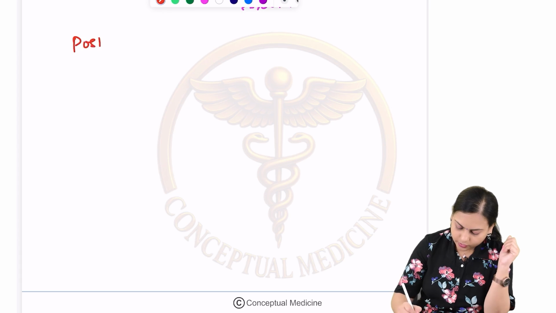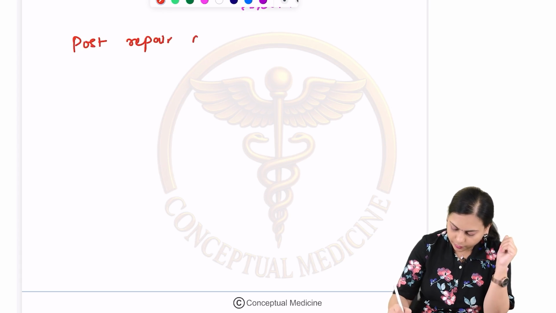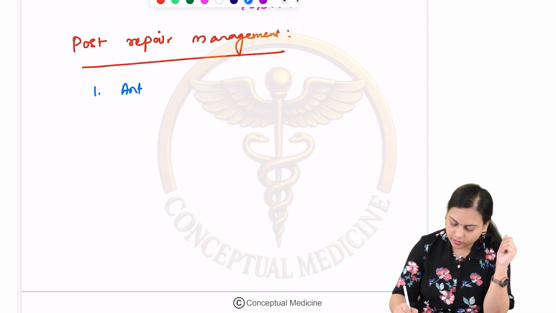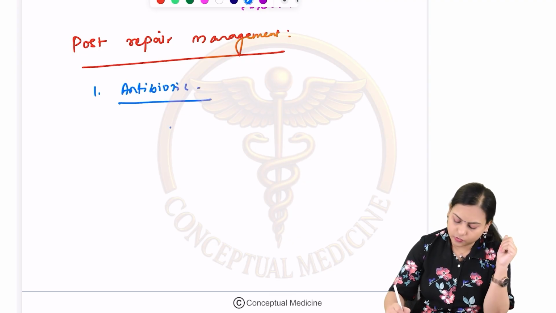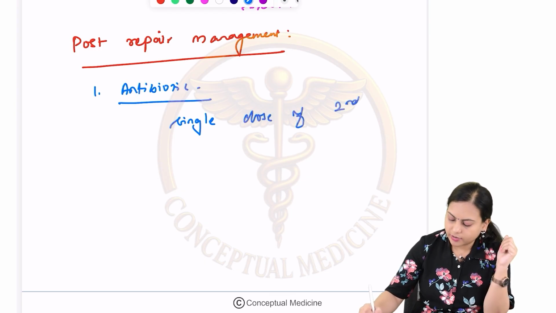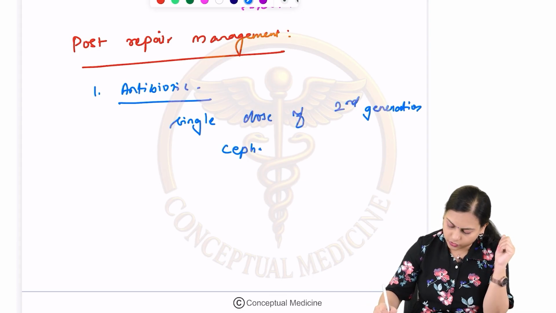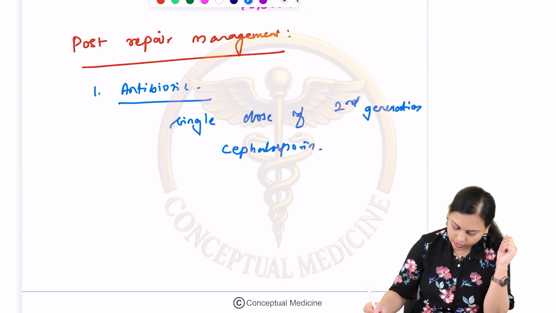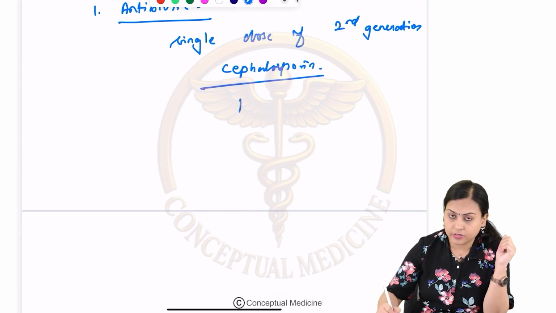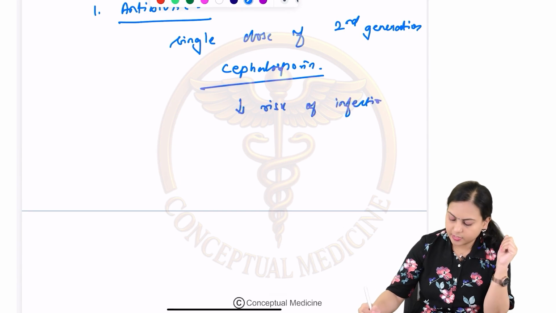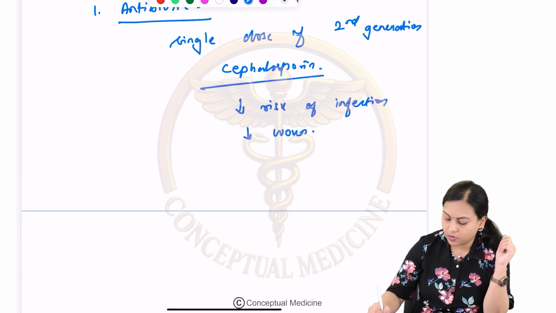Now, post repair management is also important in a case of perineal tear. You have to give an antibiotic, like a single dose of second generation cephalosporin. That will reduce the risk of infection as well as the chance of wound breakdown.